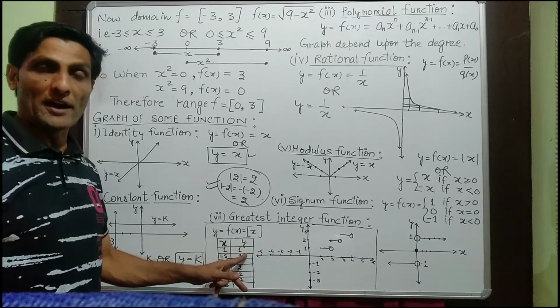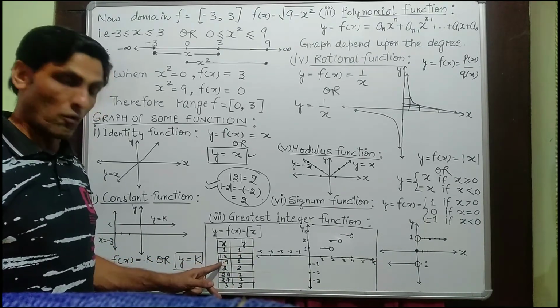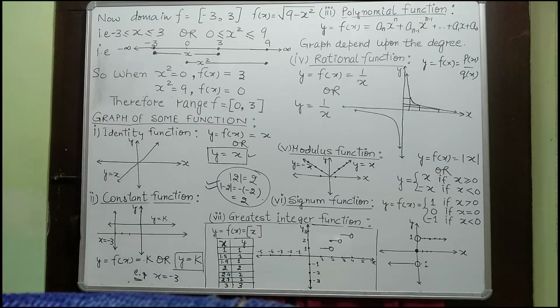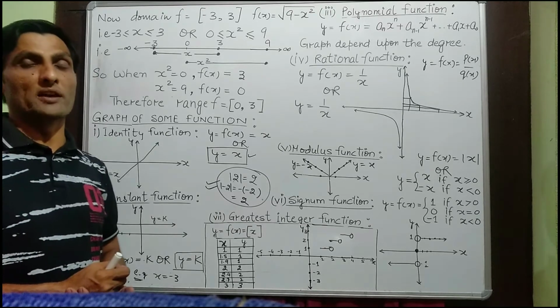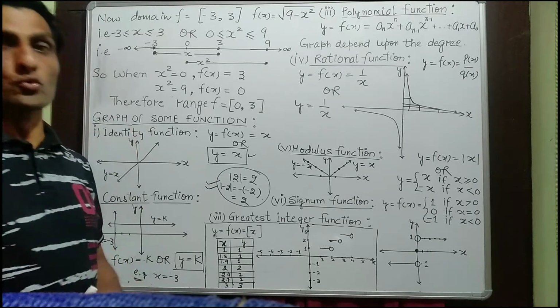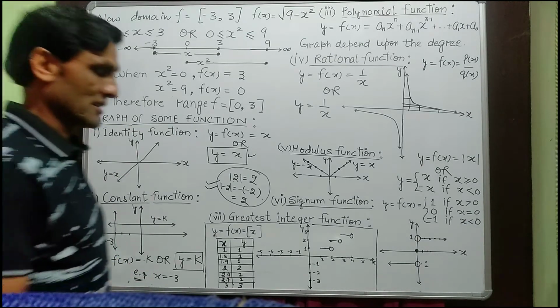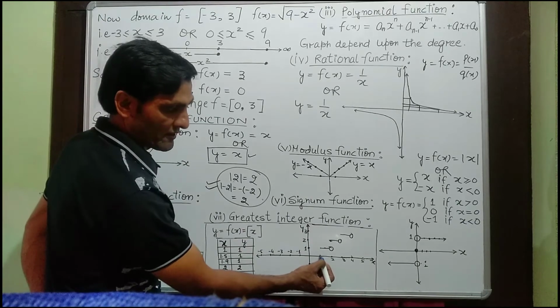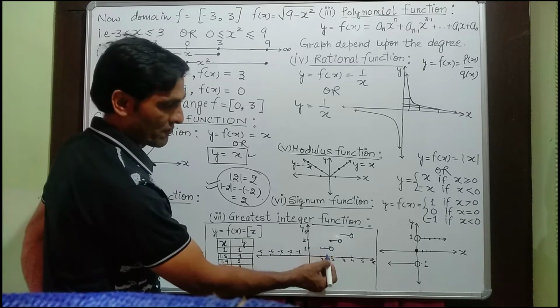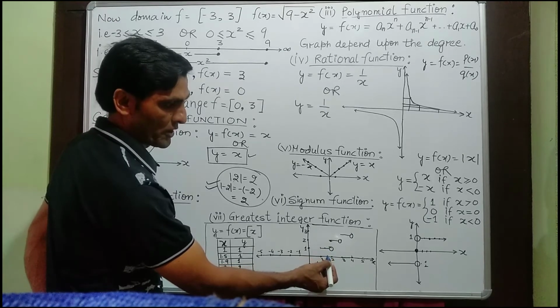For 1.5, the value of y is 1. For 1.9, the value of y is 1. So it means to say that if the value of x is 1 or more than 1 but less than 2, the value of y is always 1. If you take the value 1, y is 1; 1.1, 1; 1.2, 1; 1.3, 1.